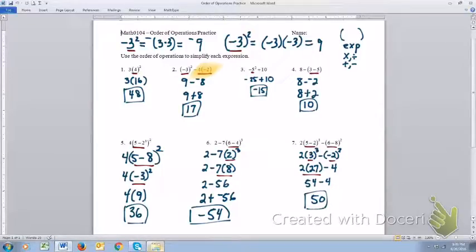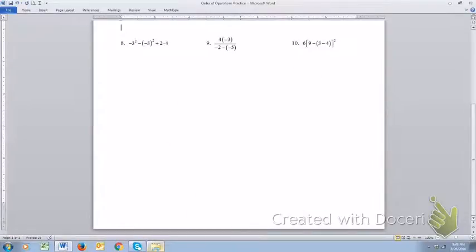Alright, we got 3 more to go. Okay, so on this one here, we'll start with our exponents. So we'll get negative 9 there, minus, and negative 3 squared. Negative 3 times negative 3 is positive 9.